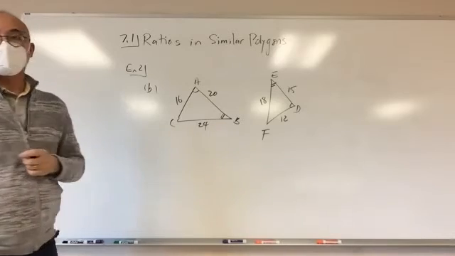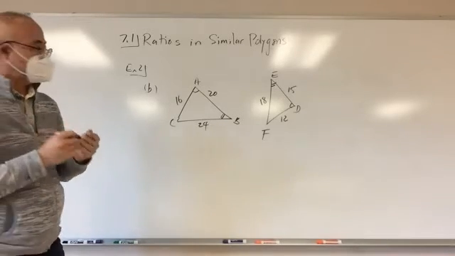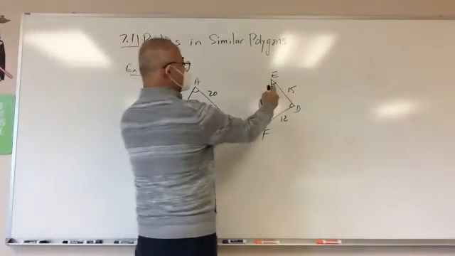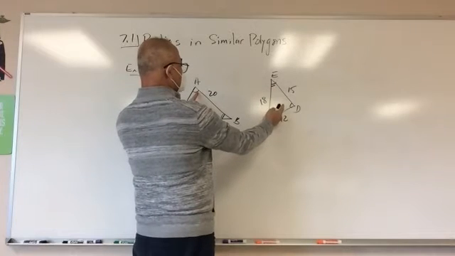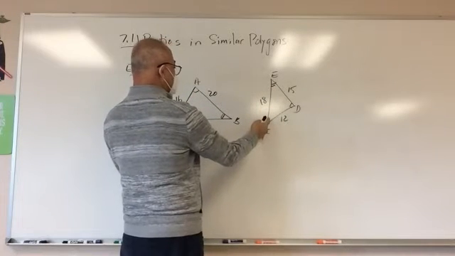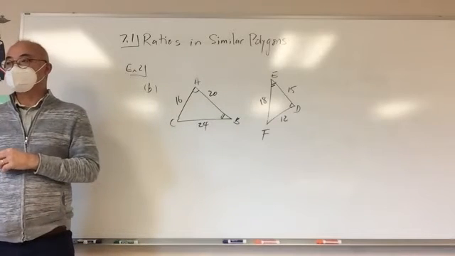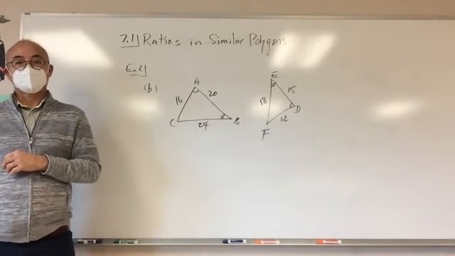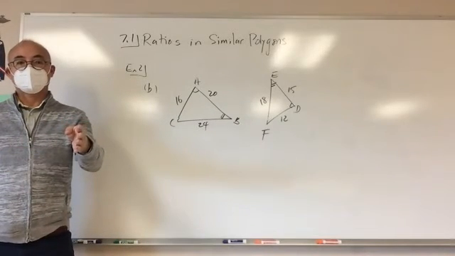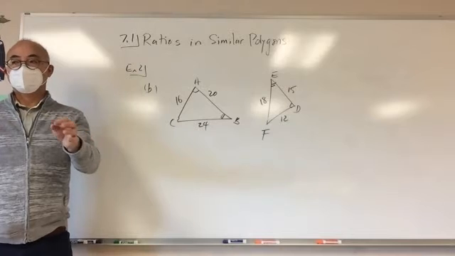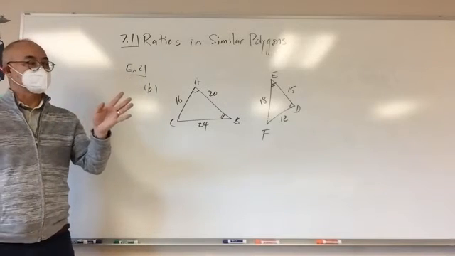Okay, so let's look at the angles first. I have these two angles are the same. These two angles are the same, which means that these two angles have to be the same, correct? Why do they have to be the same? Anybody else?